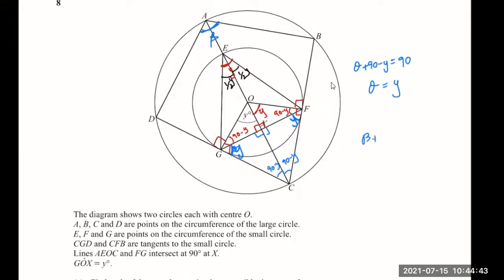Can I say that beta plus 90 minus y plus 90 minus y should equal 180 degrees? And this would give me beta equals 2y. So again, that would split up into y and y. So this triangle is also y and y. And if these two are y, then this must be 90 degrees. I think I've pretty much solved the diagram here.